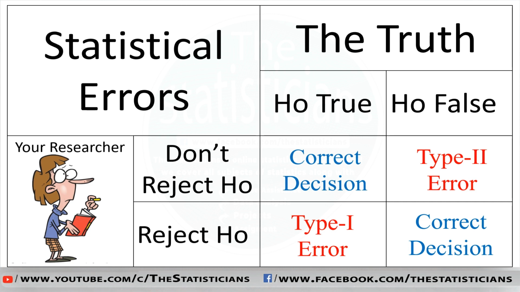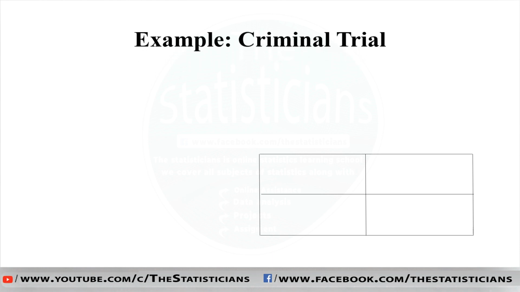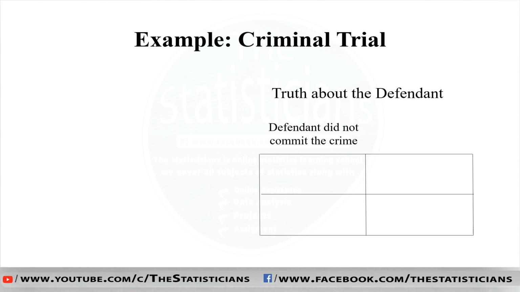Let's look at a couple of examples. Here is an example involving a criminal trial. Somewhere out here is the truth about the defendant. Either the defendant did not commit the crime or the defendant did commit the crime. As a jury, we don't really know the correct answer to that.